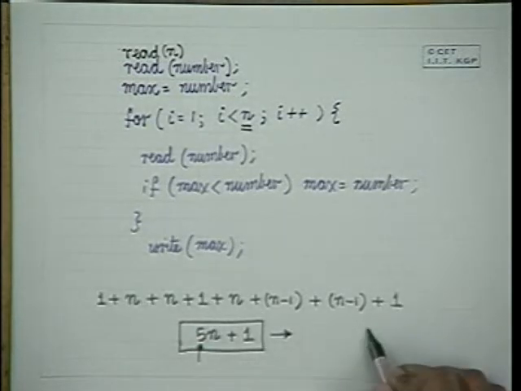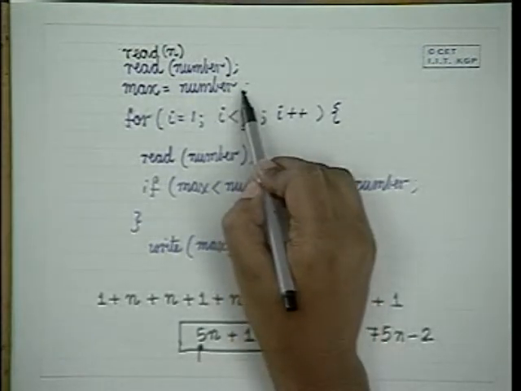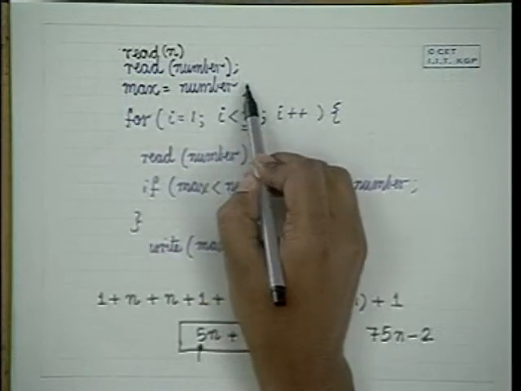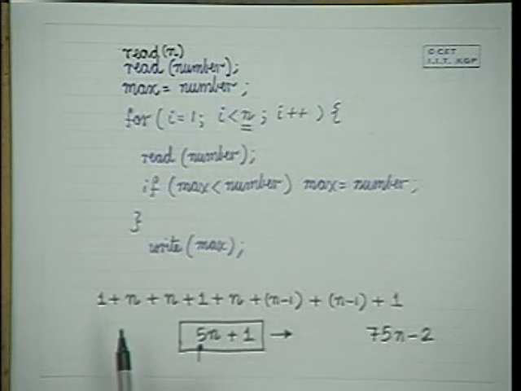If somebody has got 75n minus 2 on a faster computer, this may run faster than this. On two machines, in one maybe this assignment goes slower, and in another one the read statement goes slower. Then one program may run faster in one computer and the other one may run faster in the other computer.